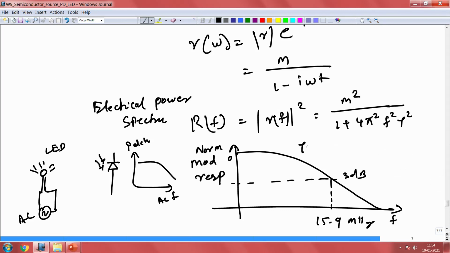Here tau is 10 nanoseconds and rise time is 2.2 times tau.